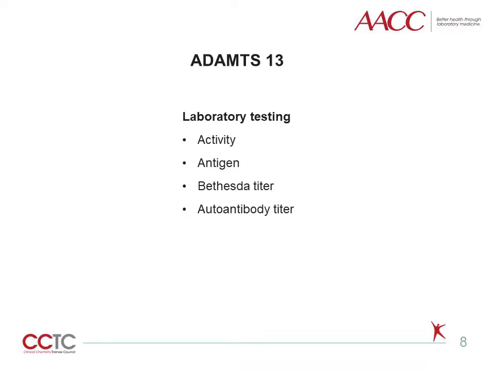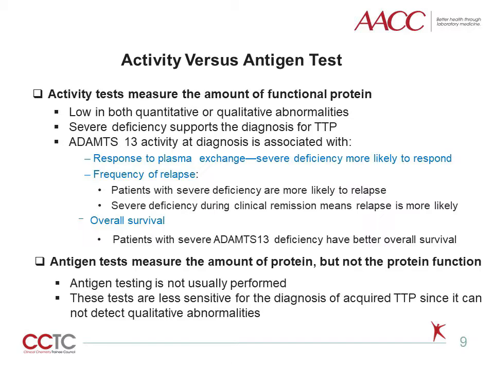The diagnosis of TTP has changed from a clinical diagnosis of exclusion to a pathophysiologic diagnosis based on ADAMTS13 laboratory results, which include ADAMTS13 activity, antigen, Bethesda inhibitor titer for the detection of neutralizing antibodies, and autoantibody titer for the detection of non-neutralizing antibodies.